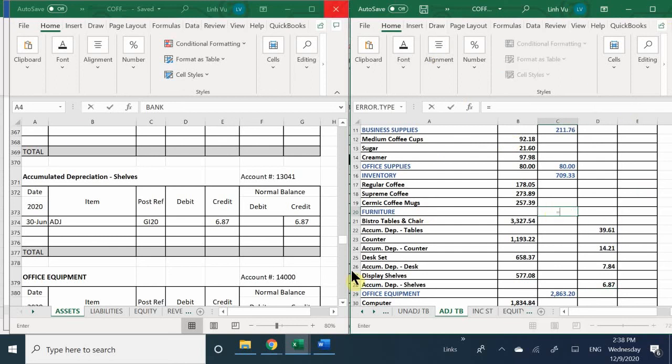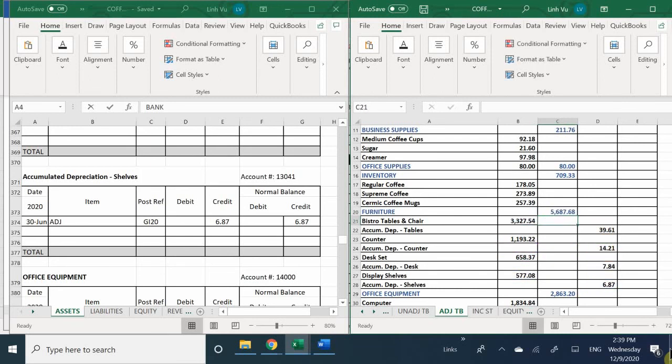For my furniture, it's going to be your bistro tables minus your accumulated, plus your counter minus your accumulated, plus your desk set minus your accumulated, plus your display shelves, minus your shelf accumulated.